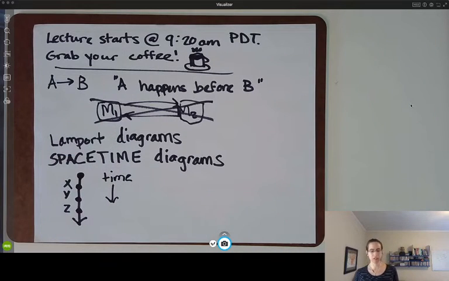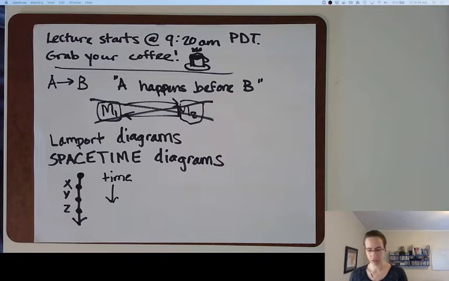So let's say I pick two events on the line, say X and Z. Could X have caused Z? Sure, yeah, X could have caused Z. It happened before Z in that process.